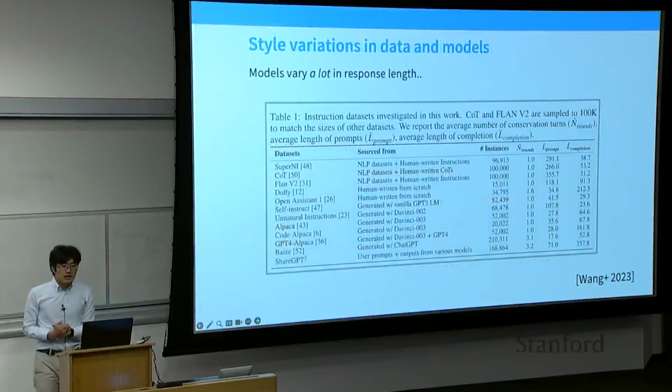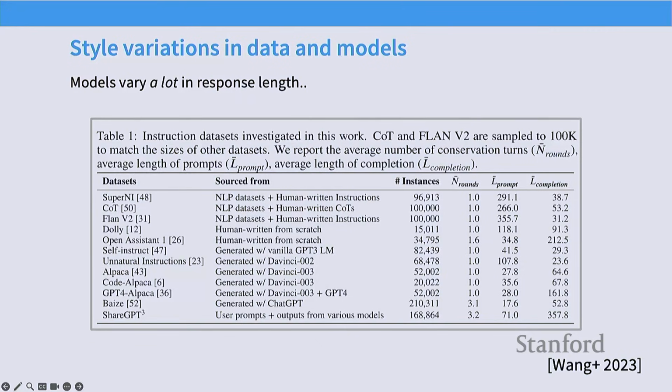Okay. I think length has always been a big gorilla in the room issue for all of these data sets. Back in 2023, when it was very popular to generate these kinds of instruction tuning data sets, there's a survey, like Yizhong Wang and others at UW came up with, looking over the many different kinds of data sets that were created early in that year.